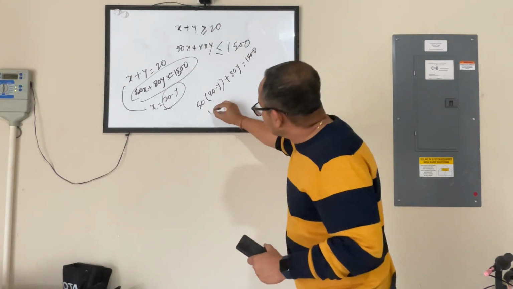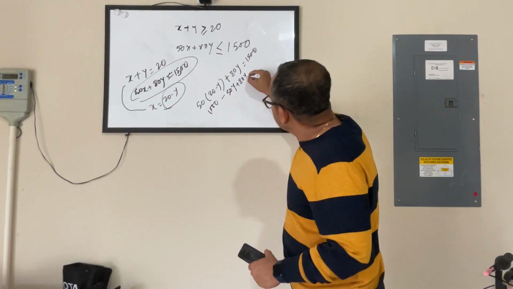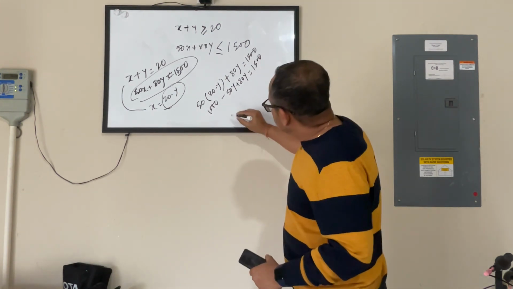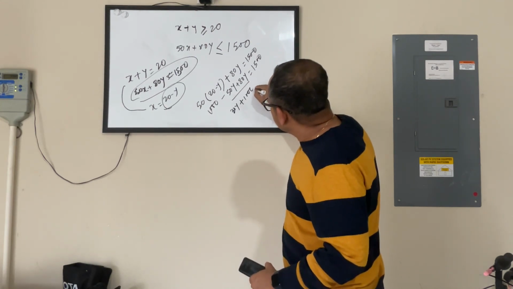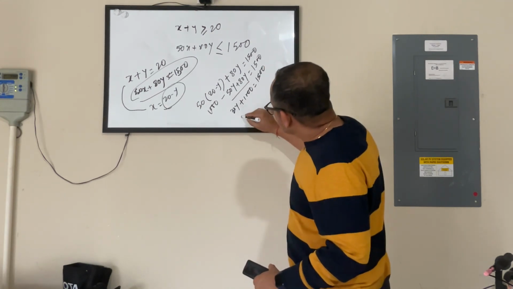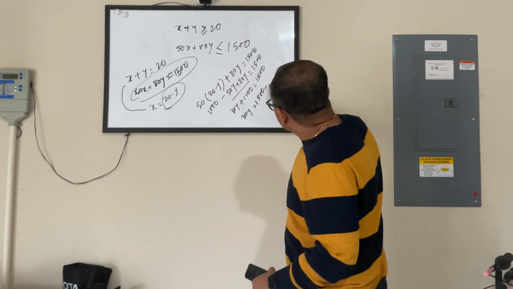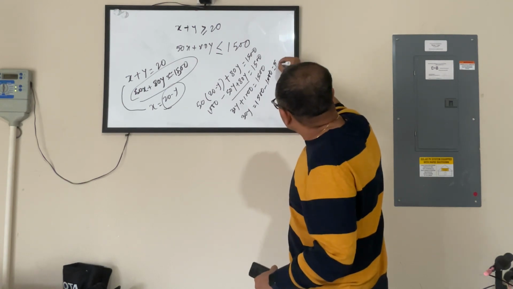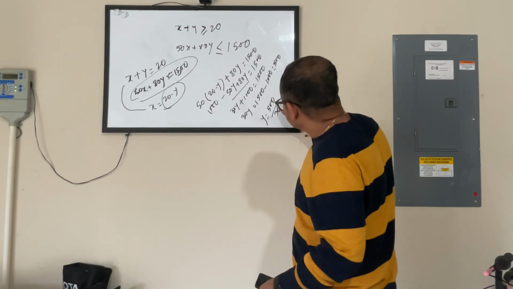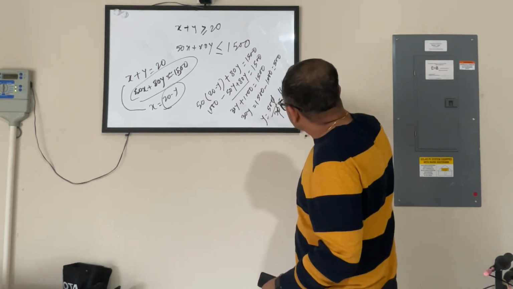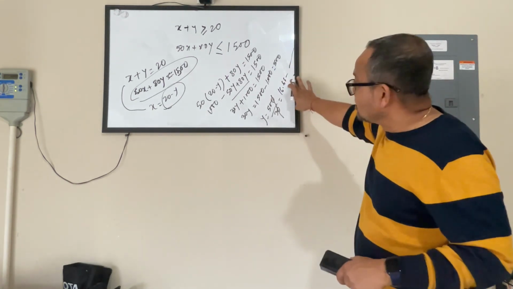So this becomes 1000 minus 50y plus 80y equals 1500. This makes it 30y plus 1000 equals 1500. So 30y equals 1500 minus 1000, which is 500. So y equals 500 by 30. This is 16.6666 and so on. So I got the value of y as 16.66.